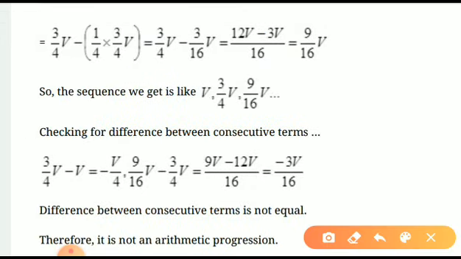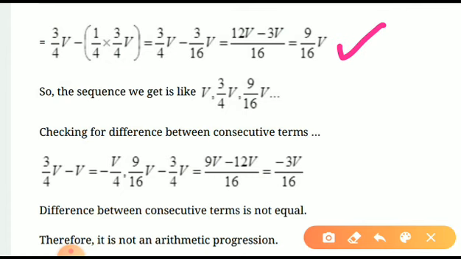So the next term I will be getting is 9/16 V. So the sequence I have got is V, then 3/4 times V and 9/16 times V, and so on. So 3 terms I have.